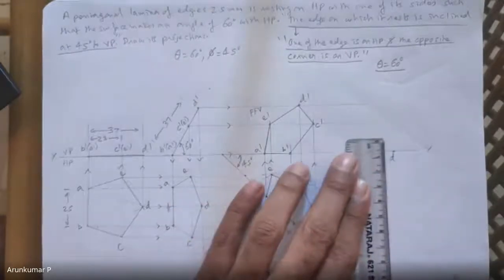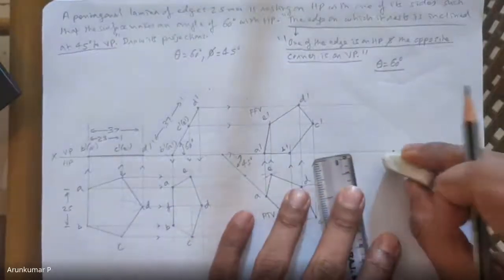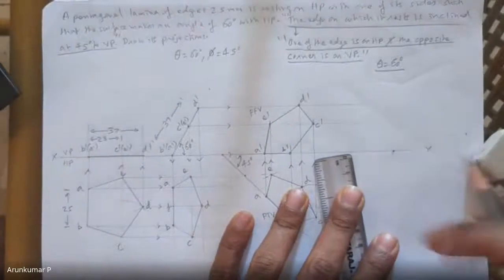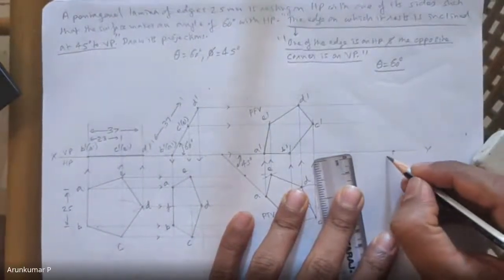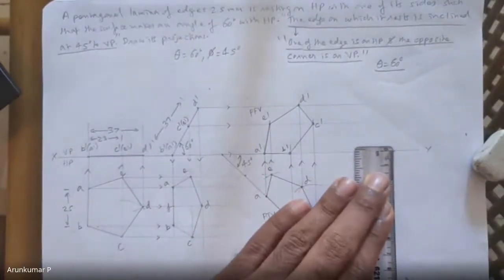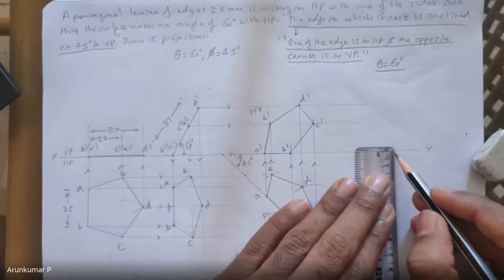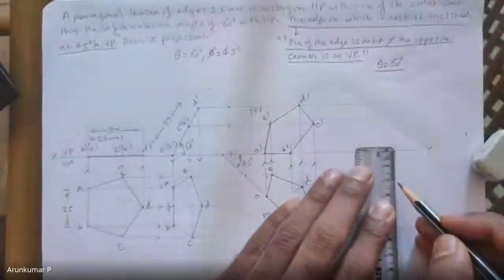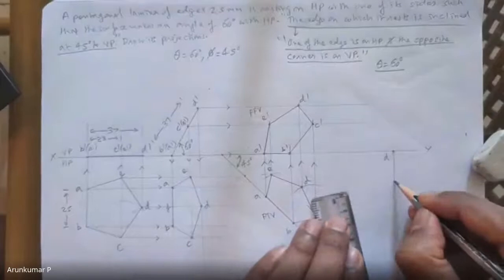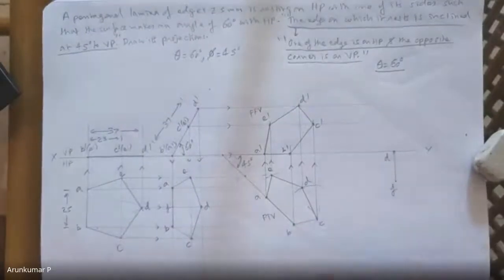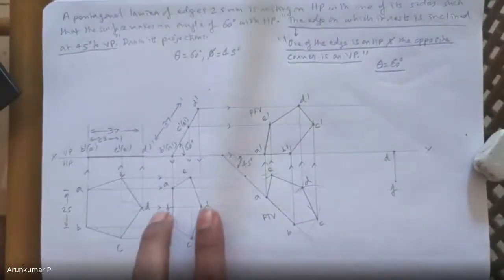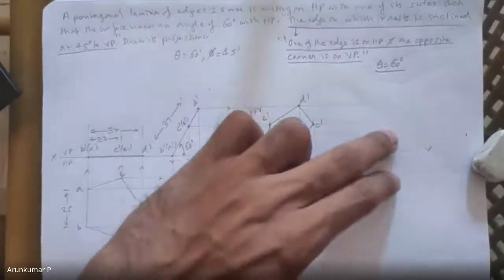So I can draw a perfectly vertical line. So this is D. I can draw a line which is 20 mm long, and I can locate F. So DF, DF.